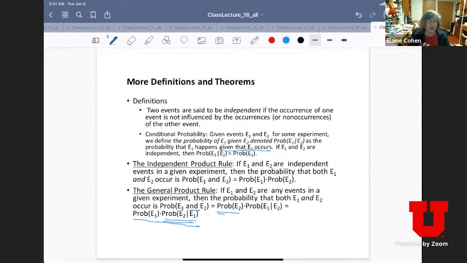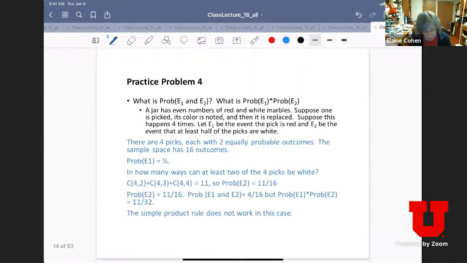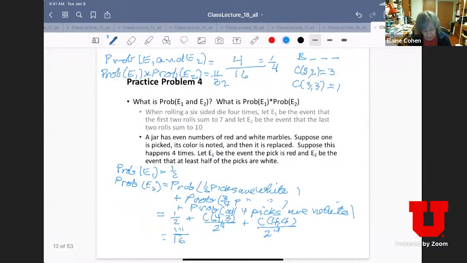So you can figure it out separately like we did, or you can use this product rule, which makes life a lot easier for more complex cases. Remember back here, what we did is we counted. We said, how many ways can I do it? So using the general product rule is generally easier once you understand conditional probability.